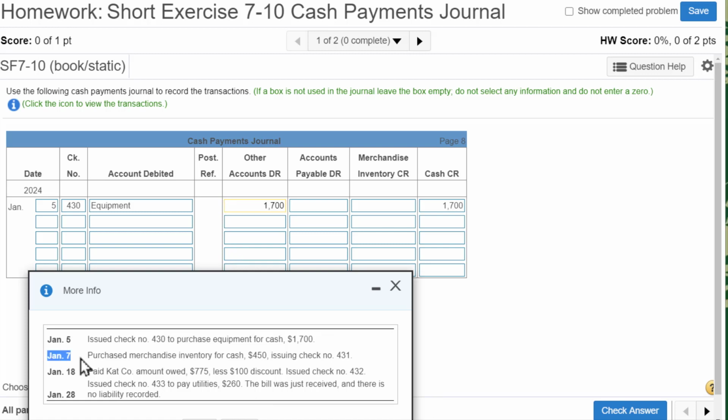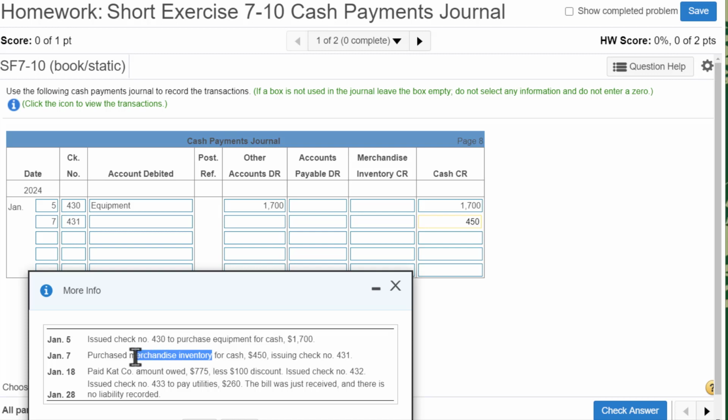Next, January 7th, purchased inventory for cash. So inventory is going up. So let's put in the January 7th, check 431. Cash is going down by 450. So then we can find inventory. Now if inventory is going up, then we want inventory being debited. So a lot of students will just assume it's this column.